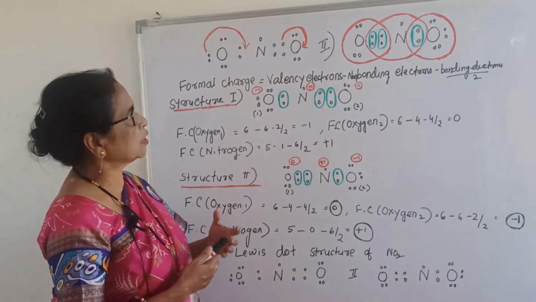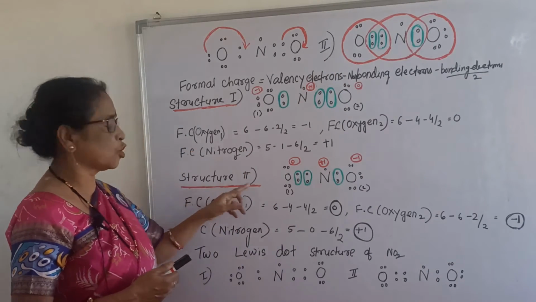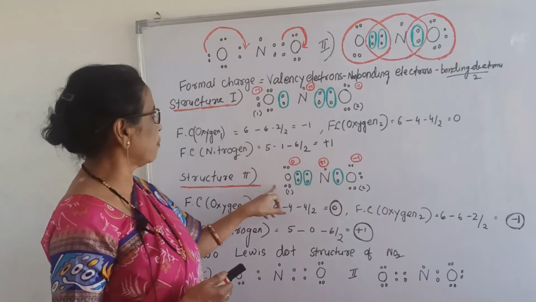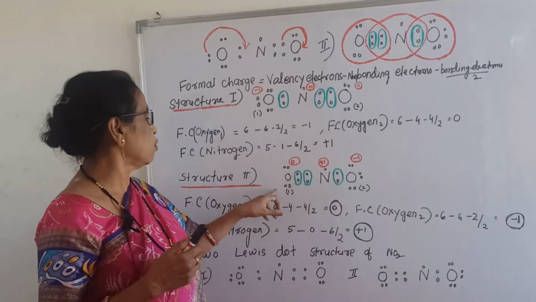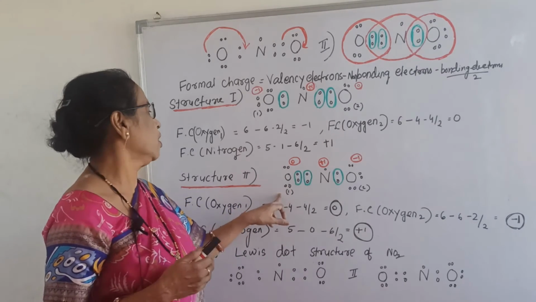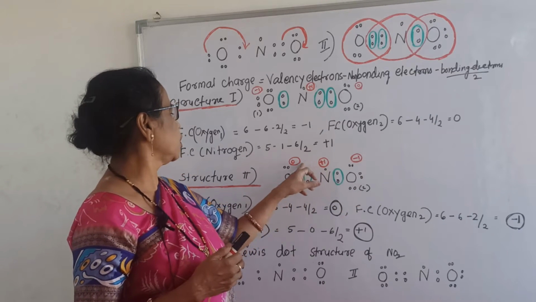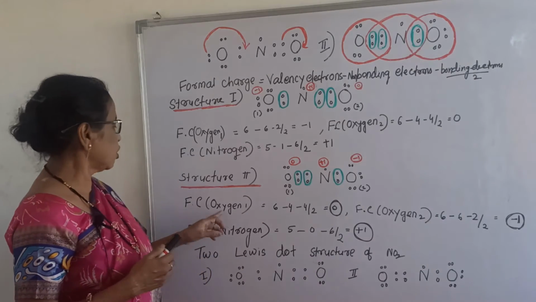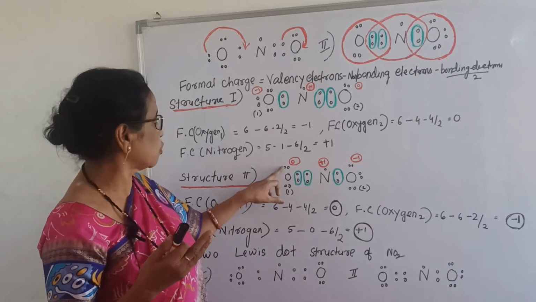Then the other possible Lewis structure is this one. So again I put here structure 2. In structure 2, the green color is bonding electrons, and no color is non-bonding electrons. Oxygen 1, the formal charge of oxygen 1: how many non-bonding electrons? 2 plus 2, 4.